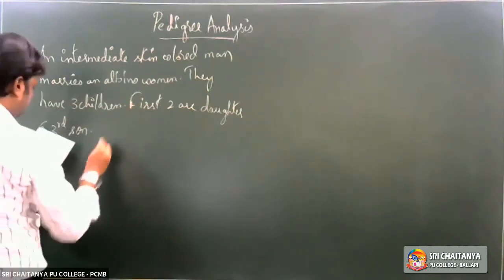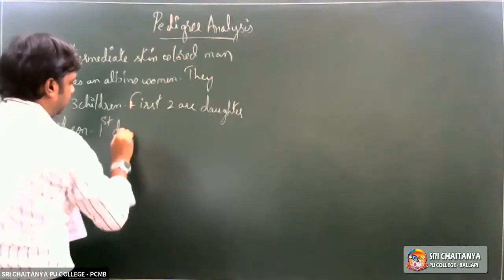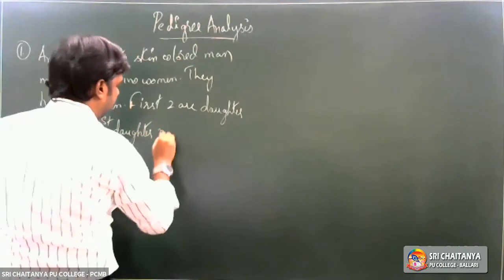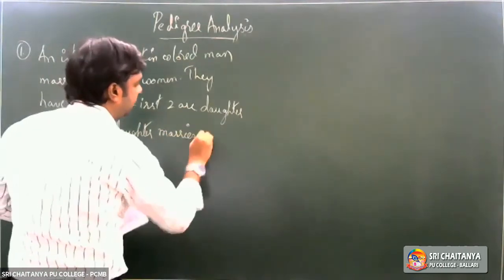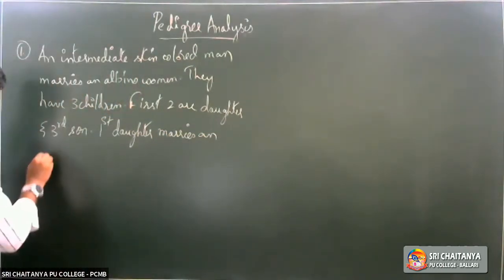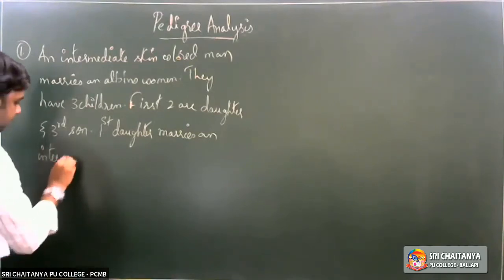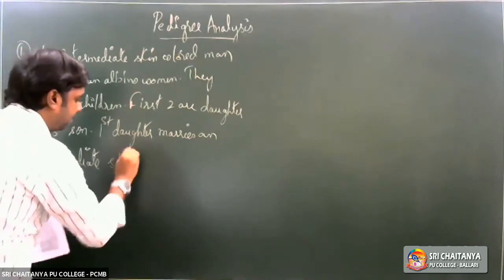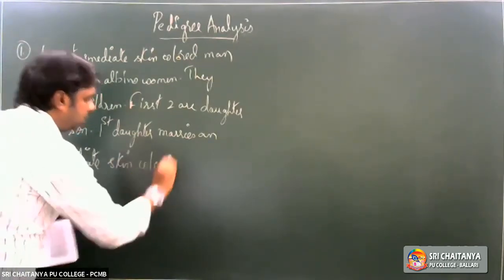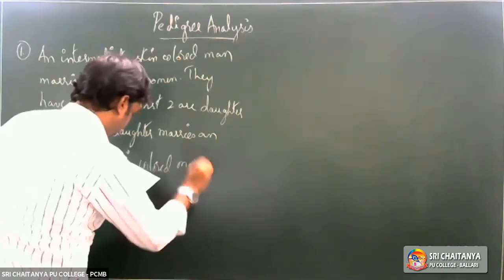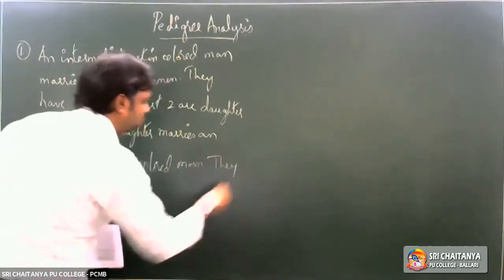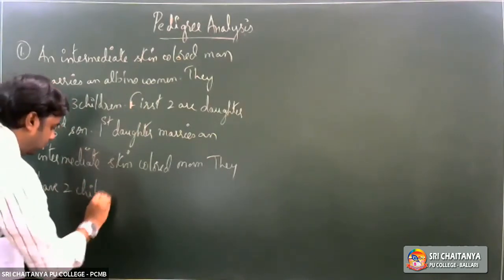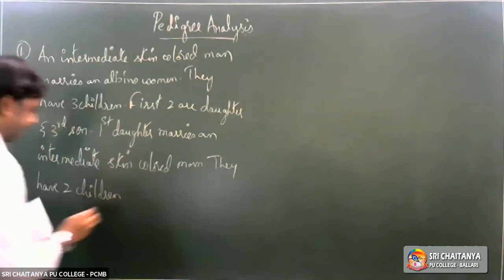Now, the first daughter marries an intermediate skin colored man. They again have two children, a son and a daughter.